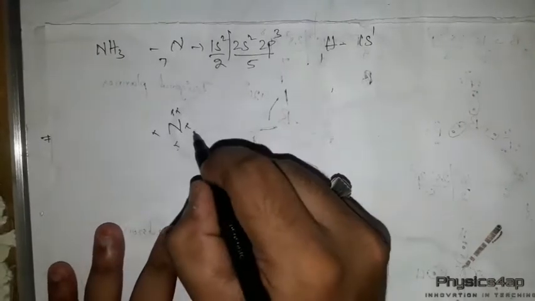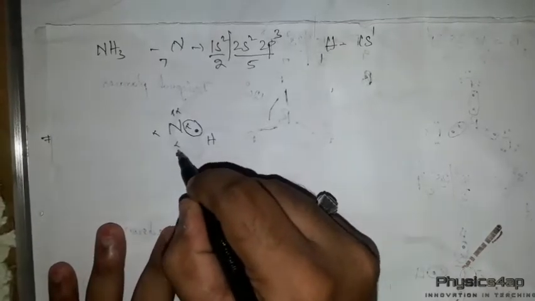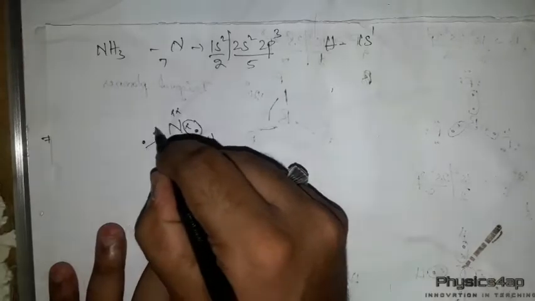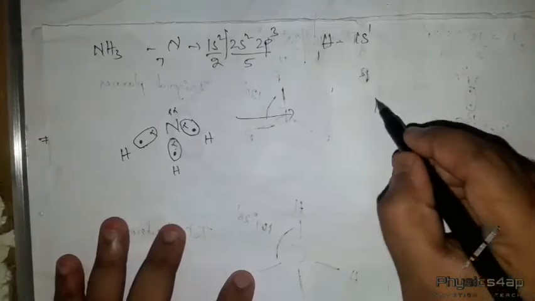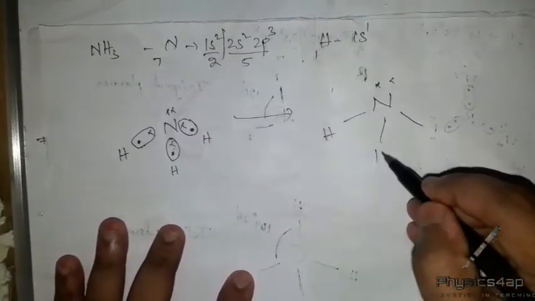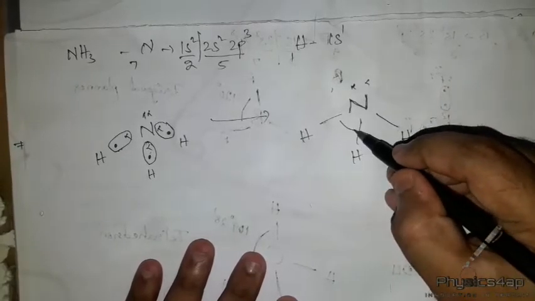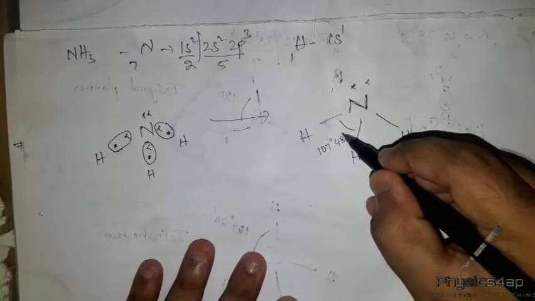The 3 hydrogens combine with the 3 single electrons: hydrogen 1, hydrogen 2, and hydrogen 3. When we simplify it, we get the structure for NH3.